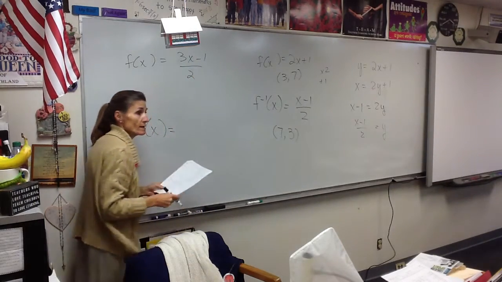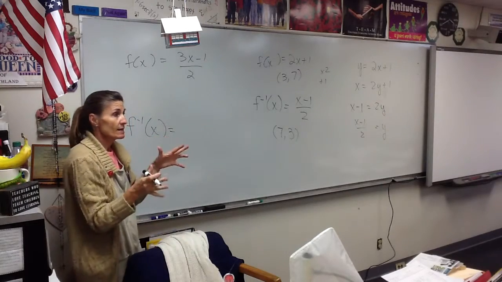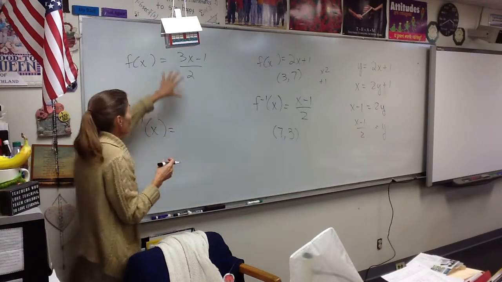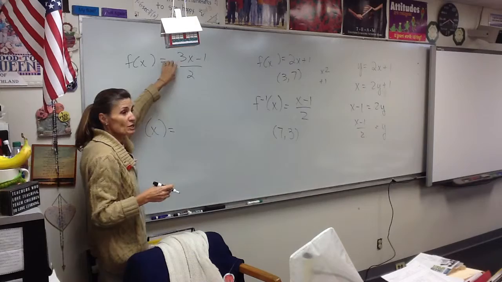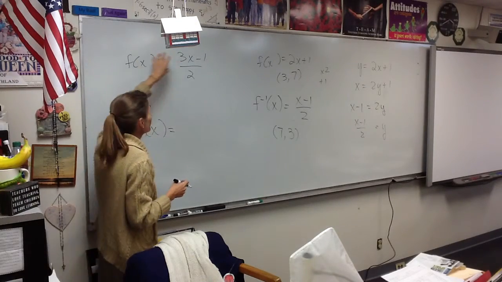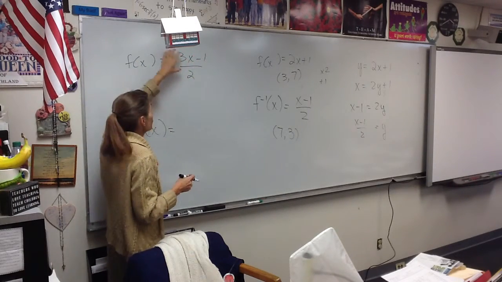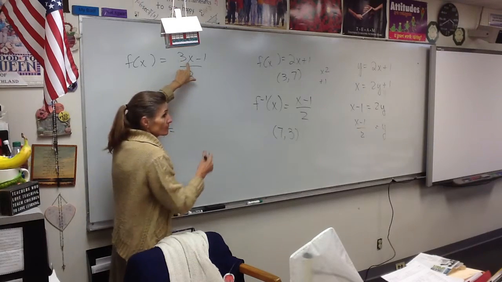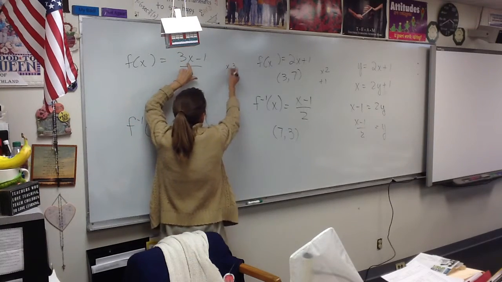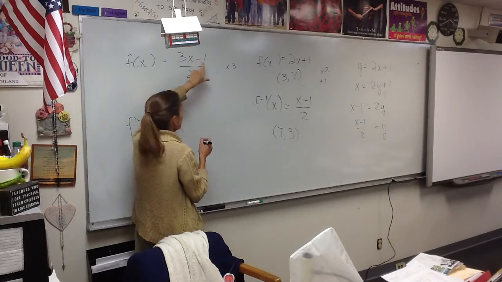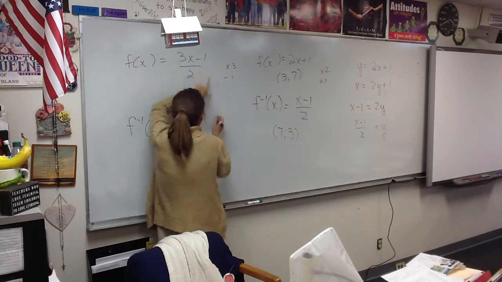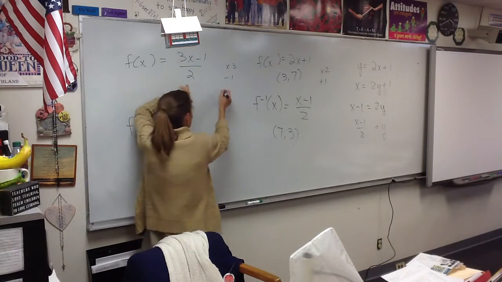Now we'll do it both ways. Think about it as an undoer. What does this function do? What operations happen in this function? If you put a number in like 7, what's this going to do? It's going to times by 3, and then subtract 1, and then divide by 2.